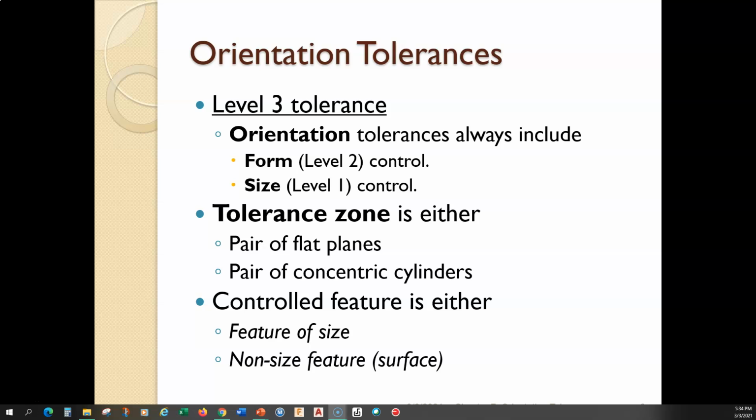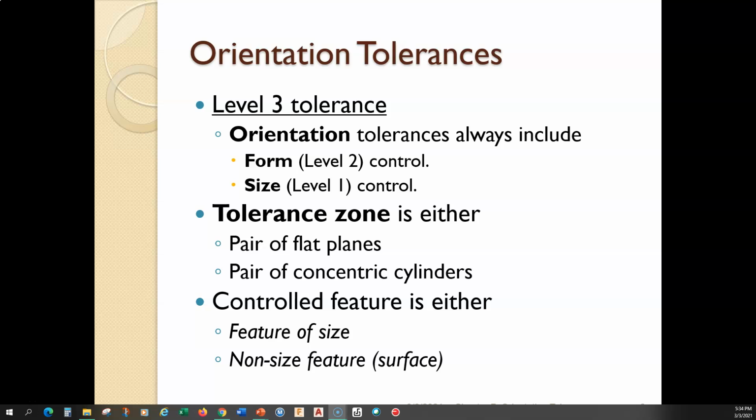Okay, it's helpful to think about the tolerances in these levels because it helps you to understand the level of control. So what we're doing with each level is we're adding a level of control. A level 2 form tolerance will add additional control over a size tolerance, level 1, and the level 3 orientation tolerance will add a further level of control over the form tolerances.